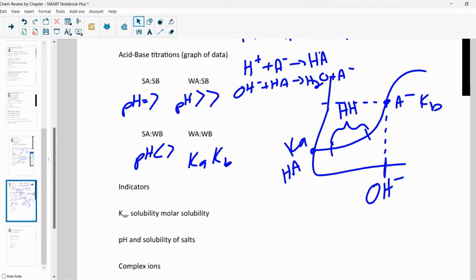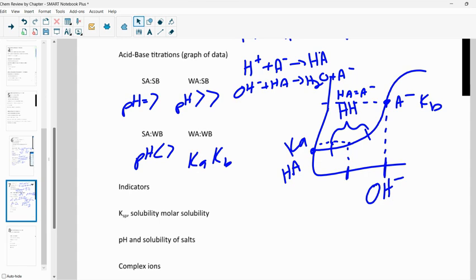What else can I get from here? The half equivalence point, right? If this was 20 milliliters, at 10 milliliters I can come up, come across, and that's going to be my pKa value, right, at the half equivalence point. At the half equivalence point, my HA equals A minus, because half of my HA has been converted into A minus.